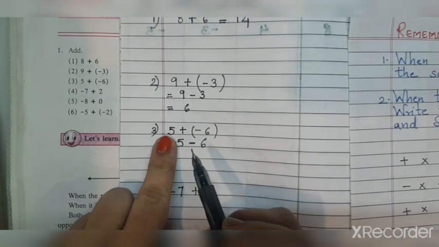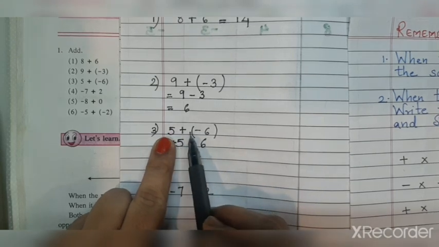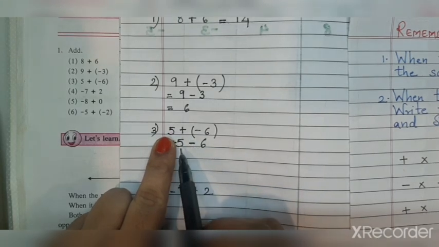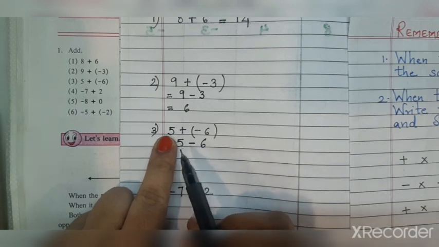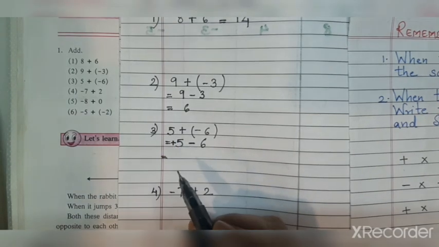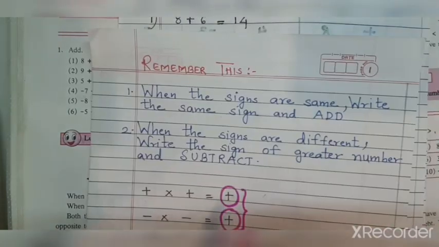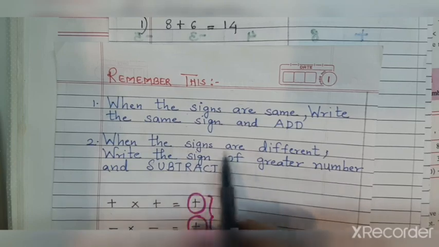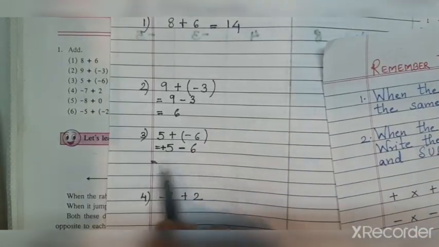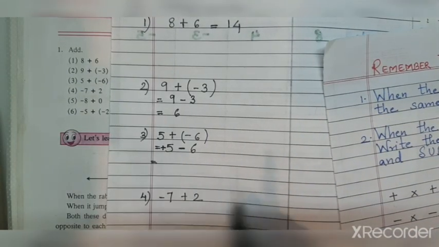Okay. We got this 5 minus 6. See, 5 plus into minus minus 6. Now 5 minus 6. 5 has no sign. But no sign means positive. Okay. So plus 5 minus 6. Here I have given you statement when the signs are different. Here you will see the signs are different. One sign is positive, other sign is negative.